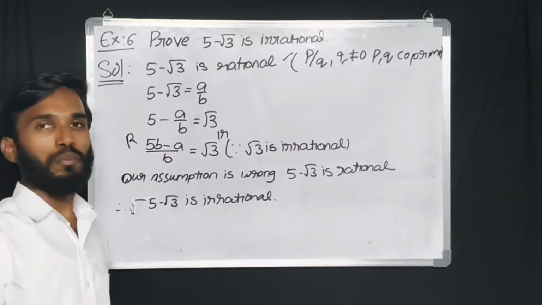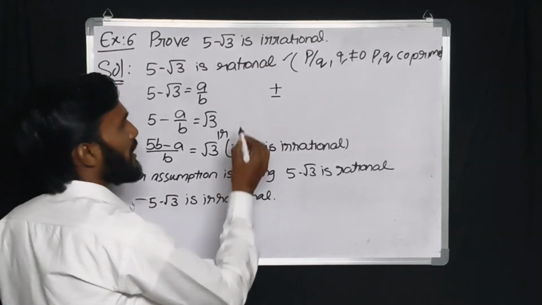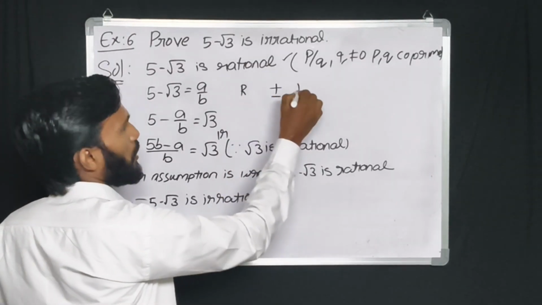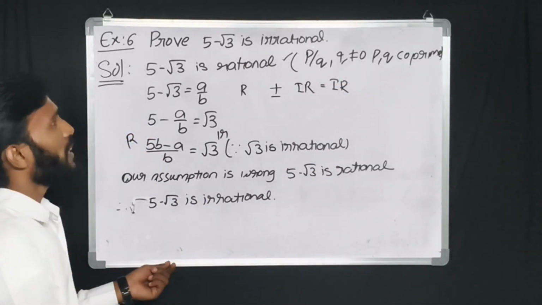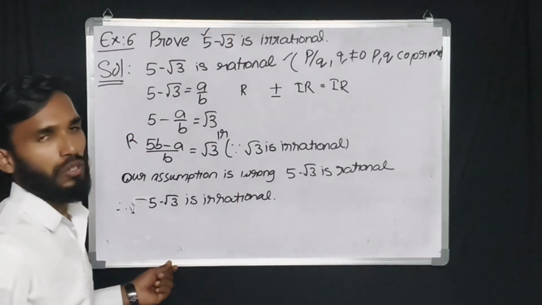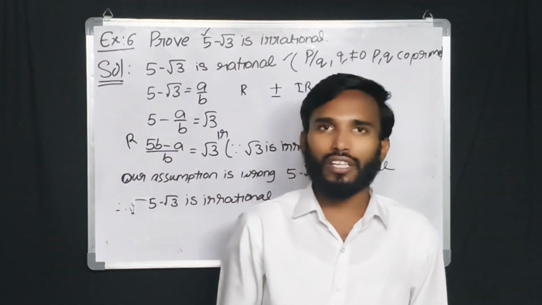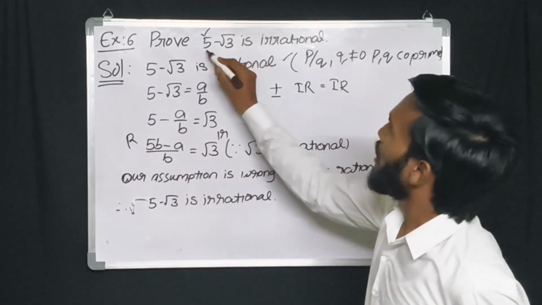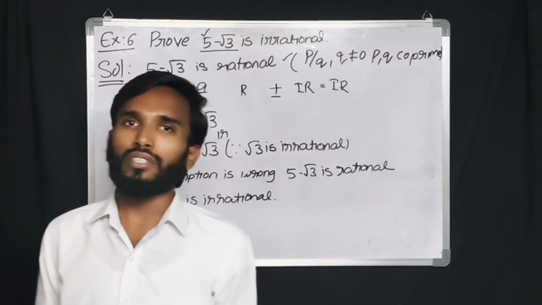Here is a tip for you: if you add or subtract a rational number and an irrational number, the result is irrational. So by seeing such statements, we can easily say 5 minus root 3 is irrational. So this is example 6.